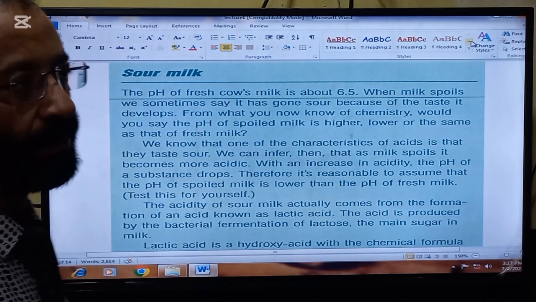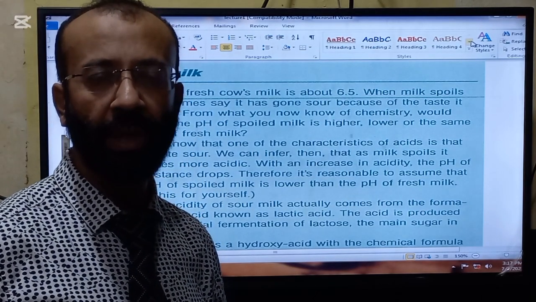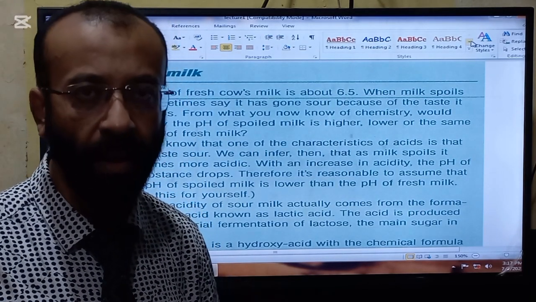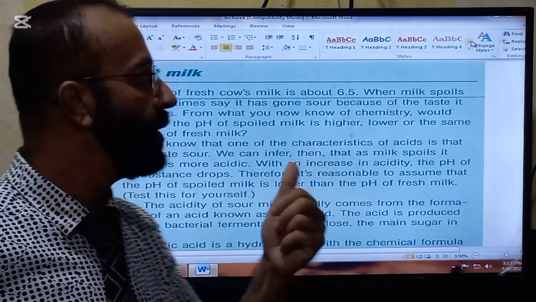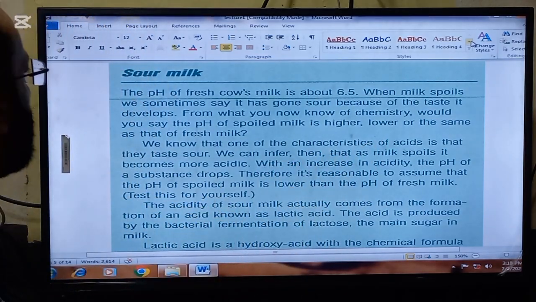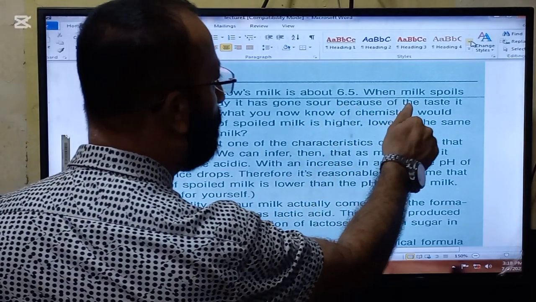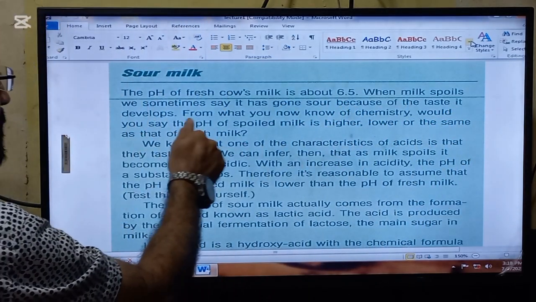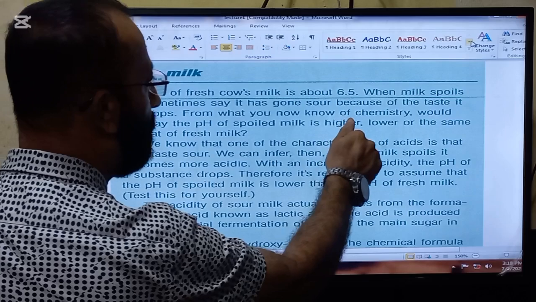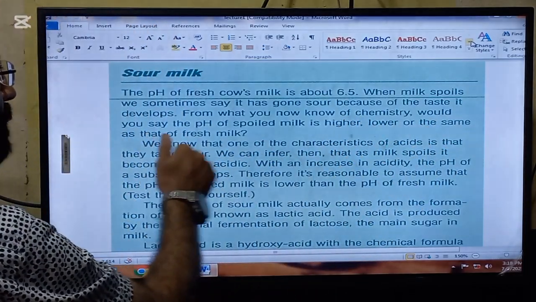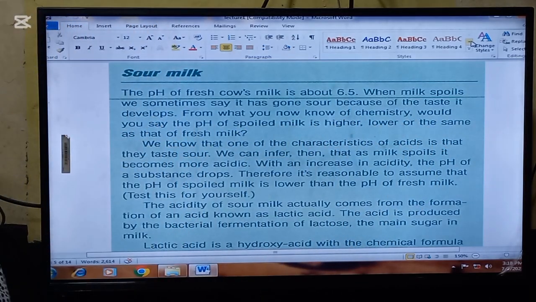Sour milk. So this is the question: why does milk sour after some days? The reason is here, look now. The pH of fresh cow's milk is about 6.5. When milk spoils, we sometimes say it has gone sour because of the taste it develops.